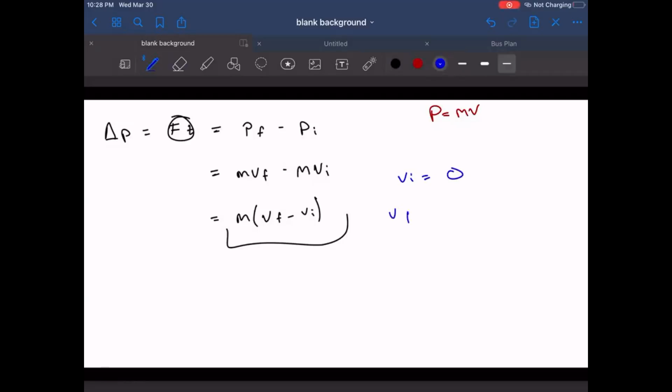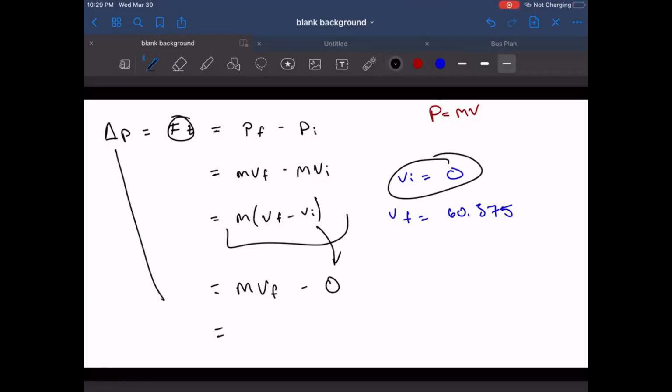V final is 60.375. So for this problem it's M times V final minus 0, because V initial is 0. So the impulse, which is a change in momentum, is minus 51.62. Same units.